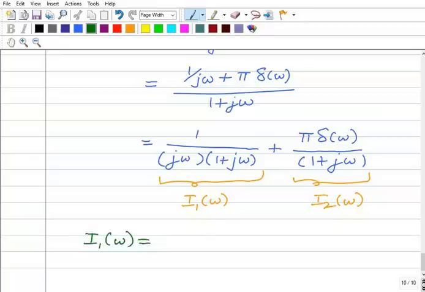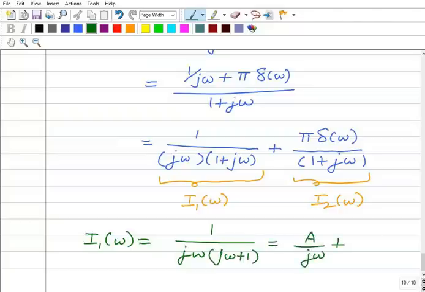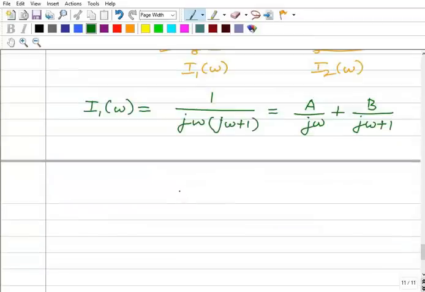I1 of omega is 1 over j omega into j omega plus 1. You can go for partial fraction: A over j omega plus B over j omega plus 1. Solve for A and B.